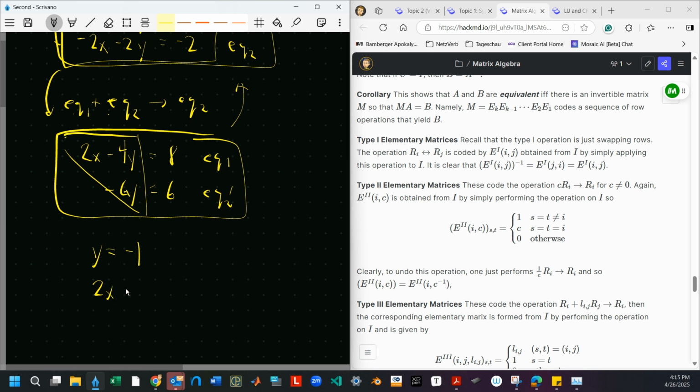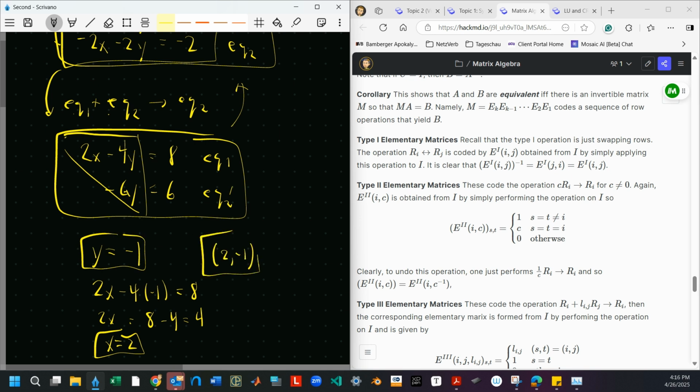So I get 2x minus 4 times minus 1 equals 8, right? And so this gives me 2x equals 8 minus, so this turns into 4, and then when I subtract, it's going to become minus 4, so 2x equals 4, right? So x is equal to 2. And that's exactly the solution we saw, right? So this pair 2, minus 1 is exactly the solution we saw in the picture before.